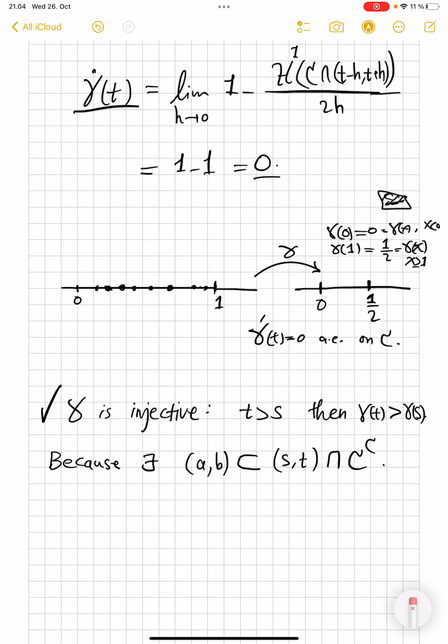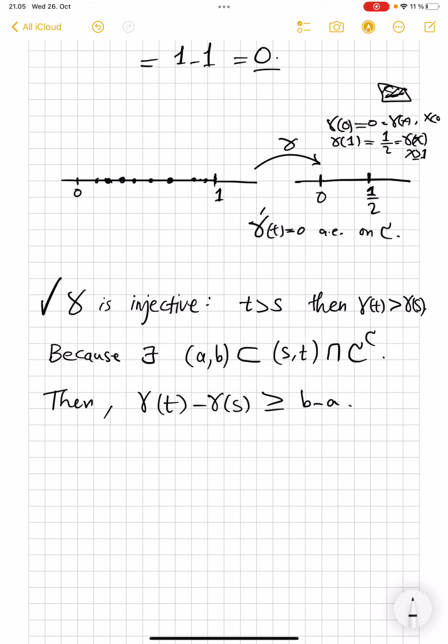Then it easily follows that gamma of t minus gamma of s is at least equal to b minus a, because at least this much new measure you pick up in increasing t from s to t. Okay.